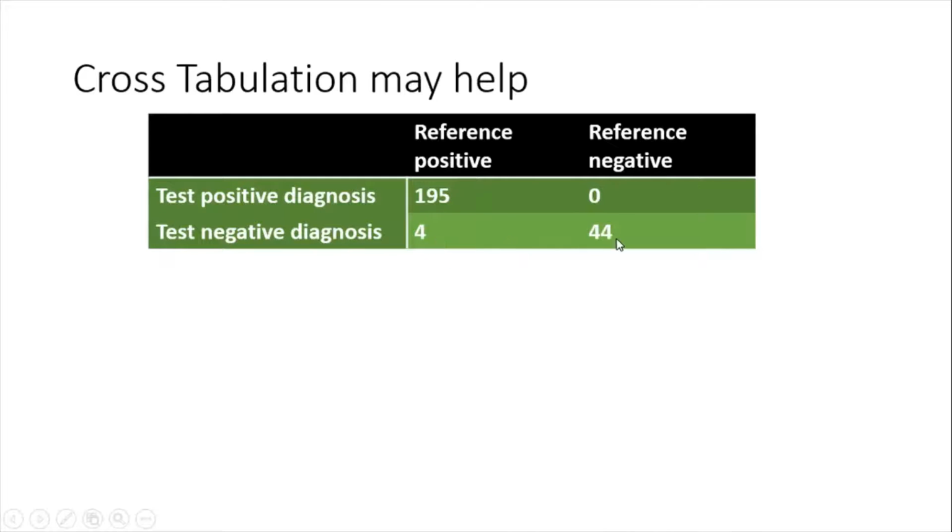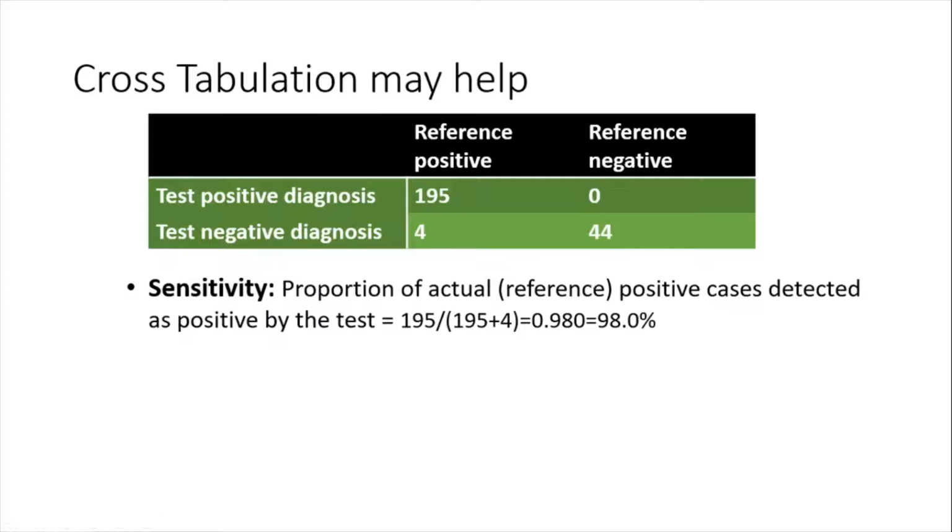false negatives, true negatives. And in this case, the sensitivity is the proportion of actual positive results detected as positive by the test. So the true positives divided by the total number of actual positive or reference positive cases, that is 195 by 199 in this case, and that is 98%.